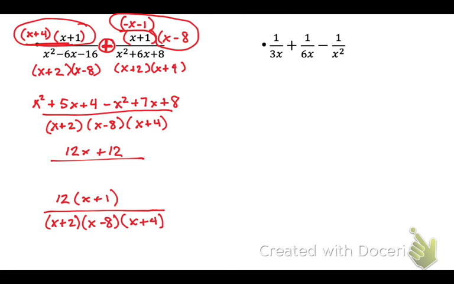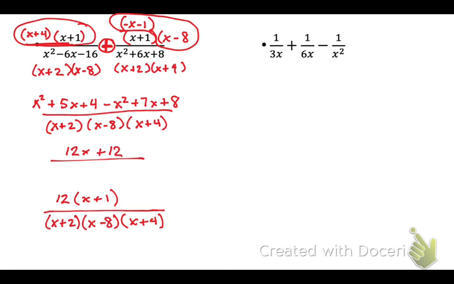Okay, so the next one I have 1 over 3x plus 1 over 6x minus 1 over x squared. Am I going to do the problem any differently, really? No. I just have 3 of them that I have to compare, right?